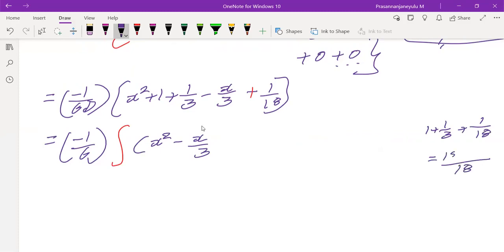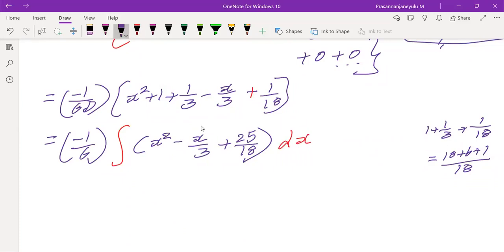Numerator will be 18 plus 6 plus 1. Then we'll get 18 plus 7 is 25 by 18. So we'll get plus 25 by 18. We are taking here integration. 1 by D is nothing but integration, so we have to take as dx. Now, this is an important point.